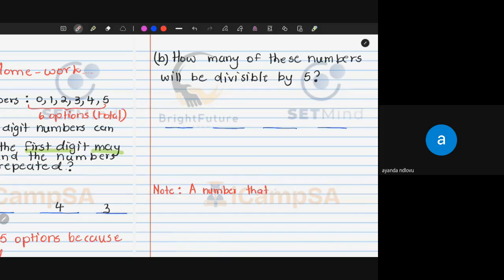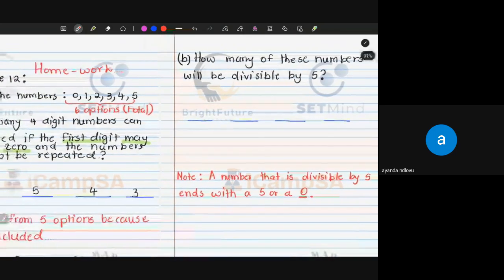So a number that is divisible by 5 ends with a 5 or a 0. This note is very important, guys, because it helps you.